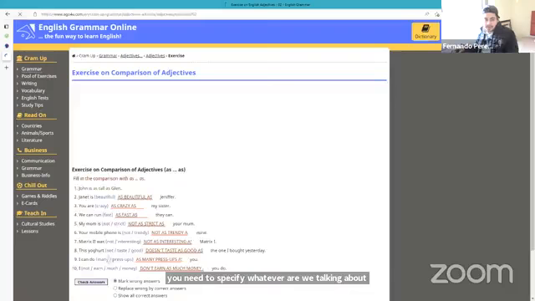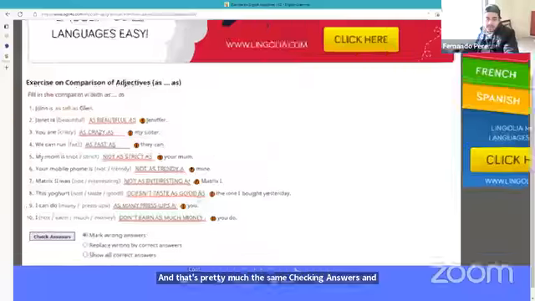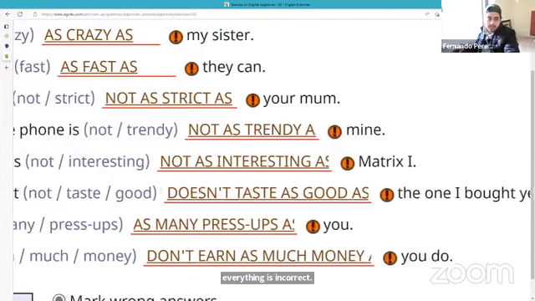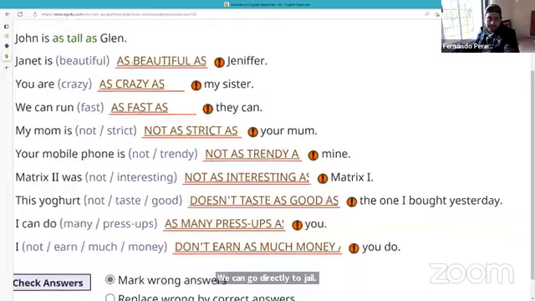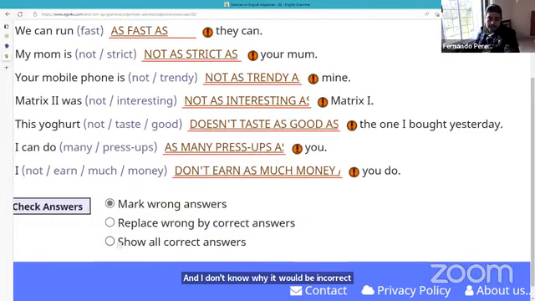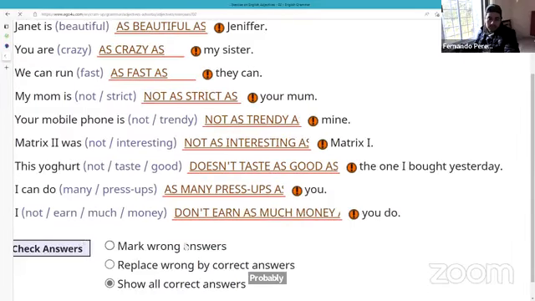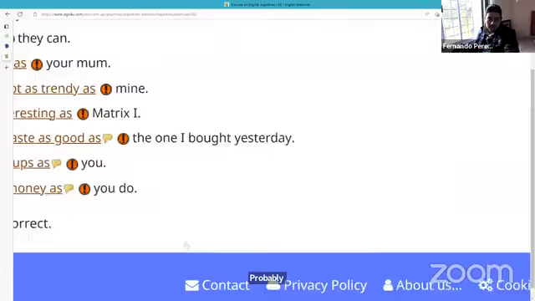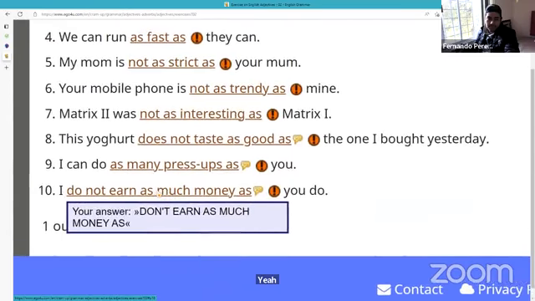Checking answers, and everything is incorrect. We can go directly to jail. And I don't know why everything is incorrect. Maybe for the capital letters? Probably. Yeah, probably, for the capital letters.